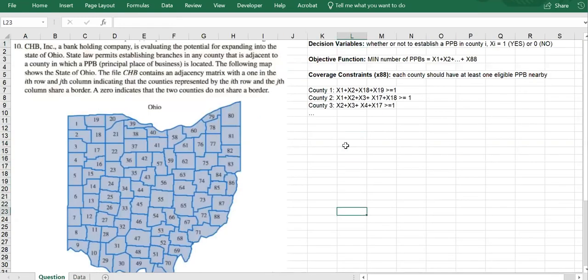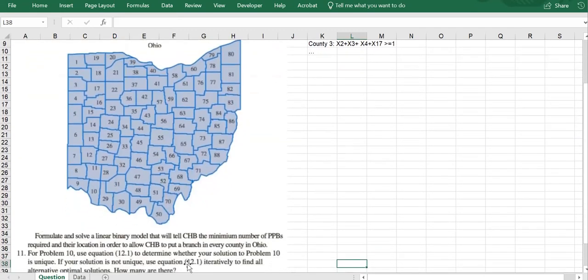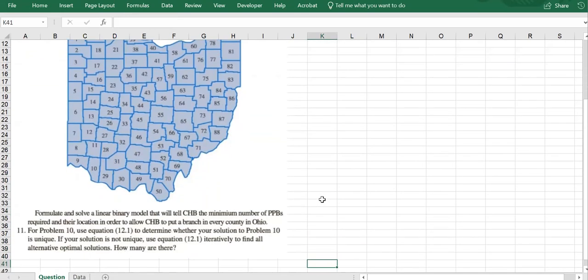So that's the answer to question number 10. It asks, formulate and solve a linear binary model that will tell CHP the minimum number. So we just did question number 10. Let's now jump to question number 11. For problem 10, use equation 12.1 to determine whether your solution to problem 10 is unique.